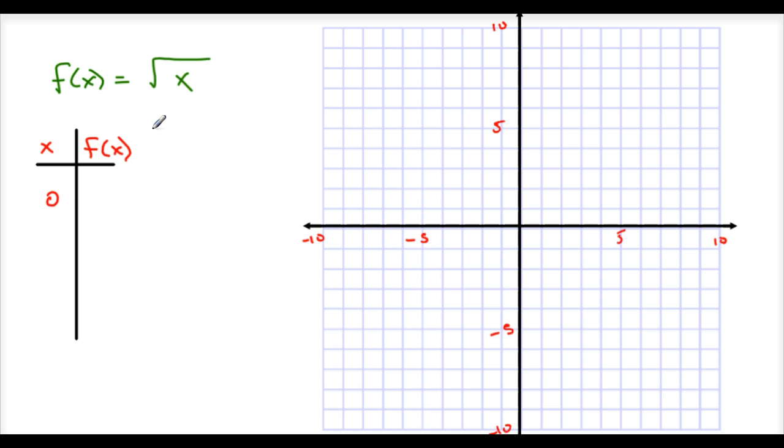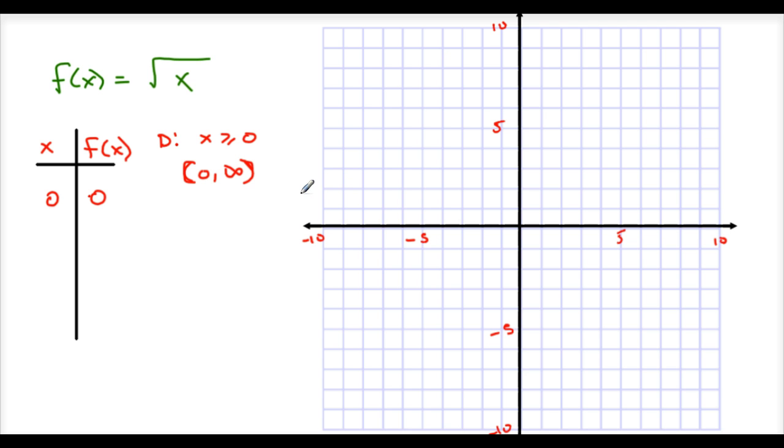So the smallest value is 0. When I plug in 0, the equation is the square root of 0, so f of 0 is just 0. So my domain is x is greater than or equal to 0, or you can say from, in brackets, 0 to infinity, depending on your notation.